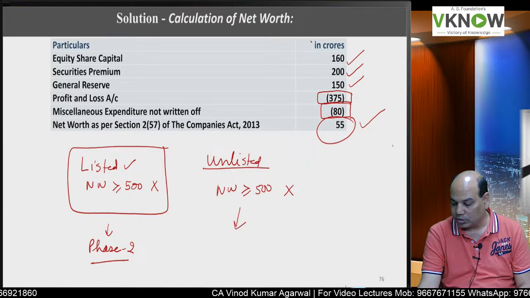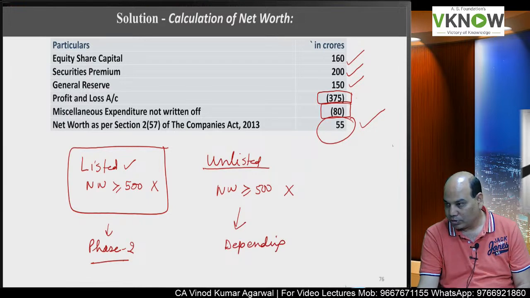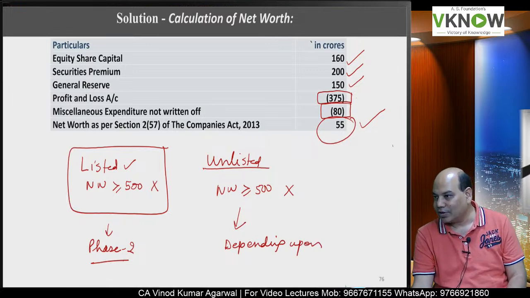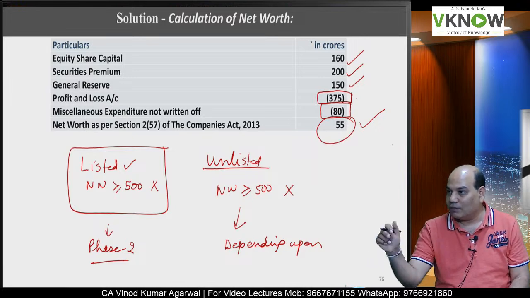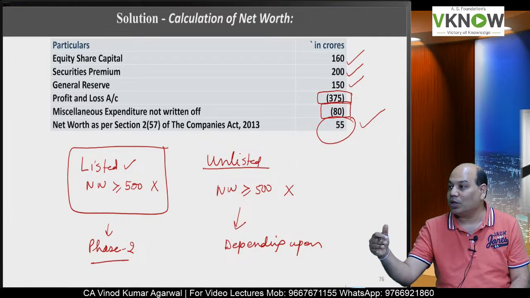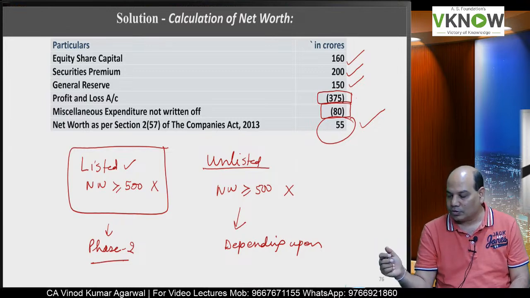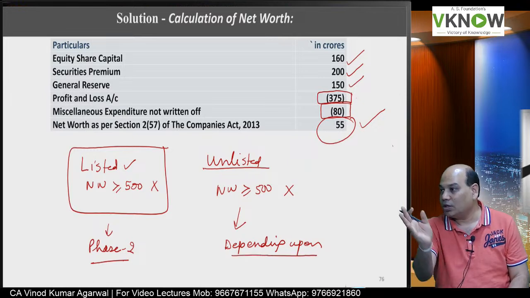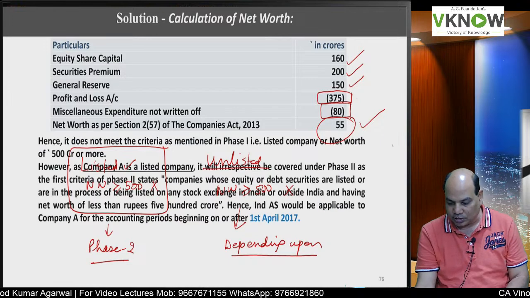So the answer will depend upon the year in which the net worth criteria is satisfied. You don't write phase 2 because for an unlisted company, in phase 2 also the net worth should be 250. So 250 is also not satisfied. Therefore, it will be applicable in that year when the net worth criteria will be satisfied.